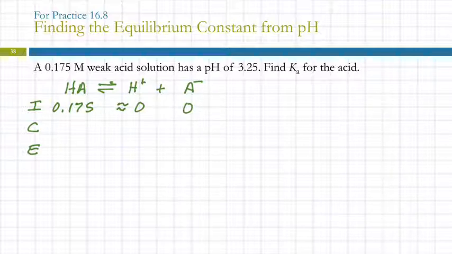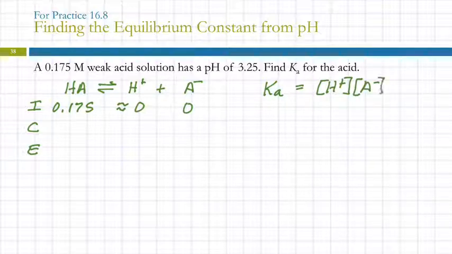Now this is similar to problems where we calculated an equilibrium constant from equilibrium concentrations. If we know one equilibrium concentration, we can use our ice table and figure out what the other ones are, and then plug them into the equation. Ka is going to be equal to H plus times A minus divided by HA.